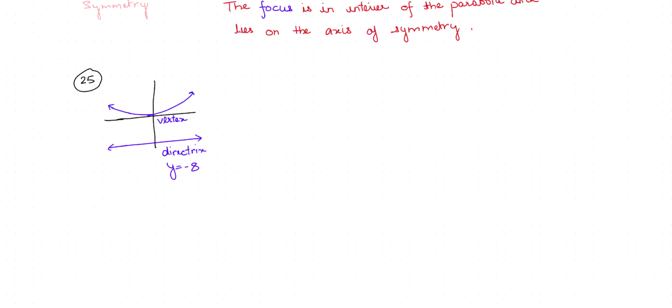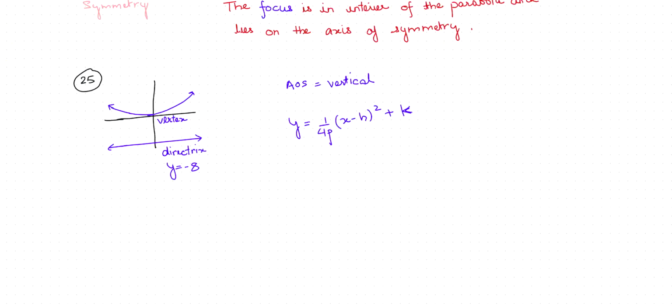So this is question 25 given, and we can see that the axis of symmetry is vertical. Because the axis of symmetry is vertical, we will use the equation of a vertical parabola. This is the equation of a parabola when the axis of symmetry is vertical, and h and k are the vertex coordinates here.